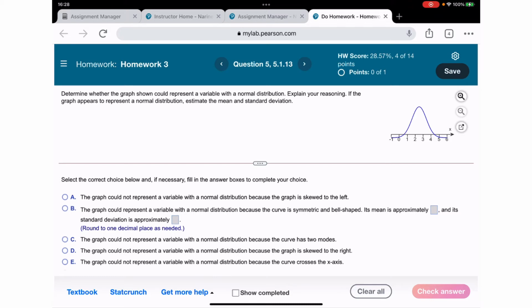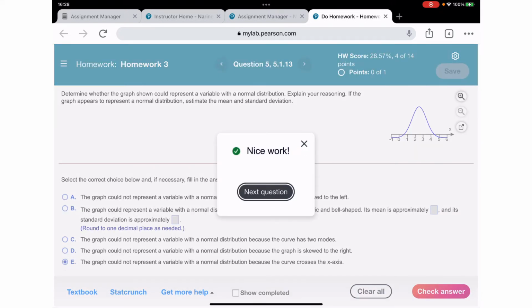Therefore, we say that the graph could not represent a variable with normal distribution because the curve crosses the x-axis. All right.